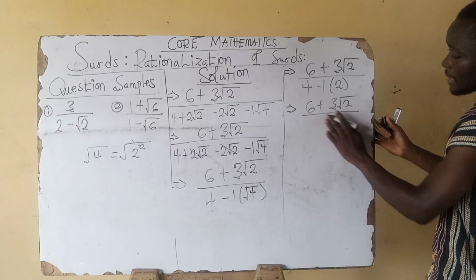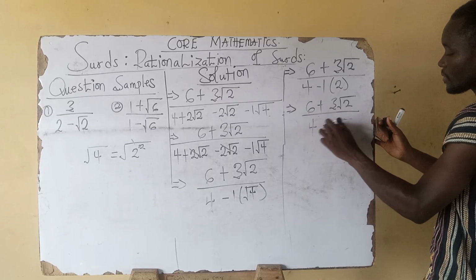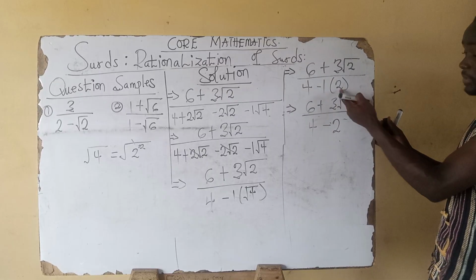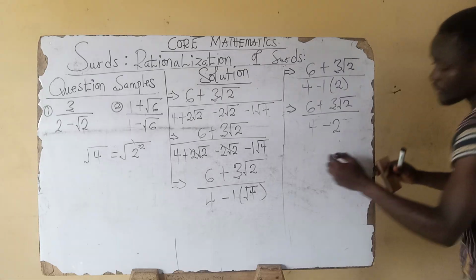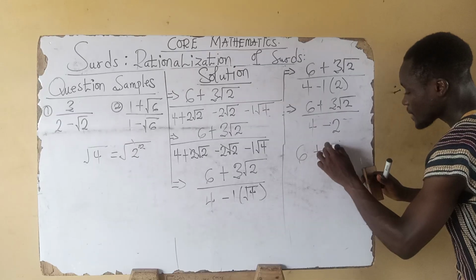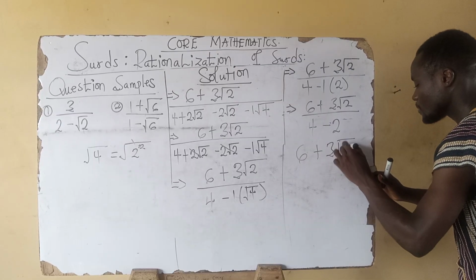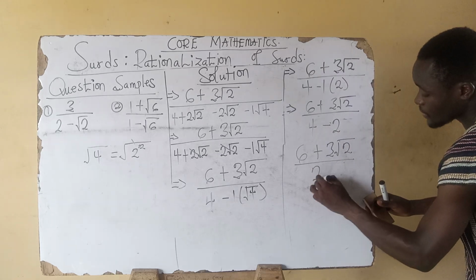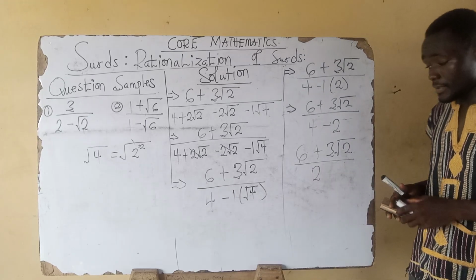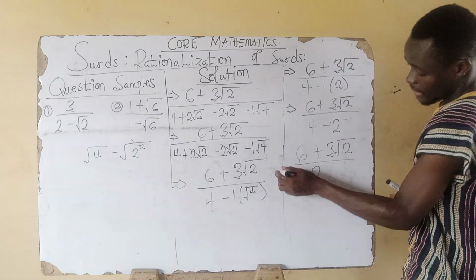Okay, so I have 4 minus 2 because the 1 will multiply the 2, giving me what? 2. Alright, so we continue. So I now have 6 plus 3 roots of 2 all over 4 minus 2 gives us what? 2. Okay, very good. So I can term this as our final answer.